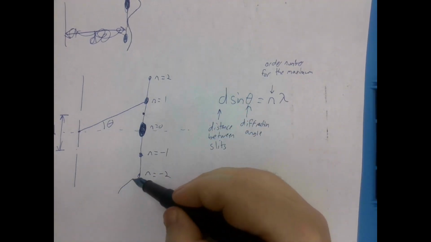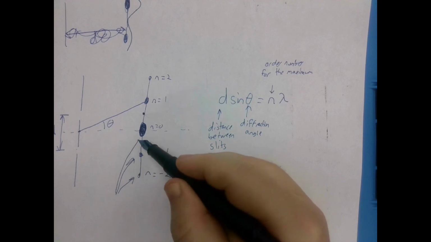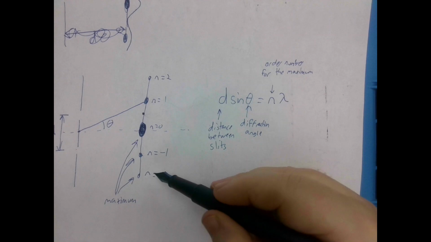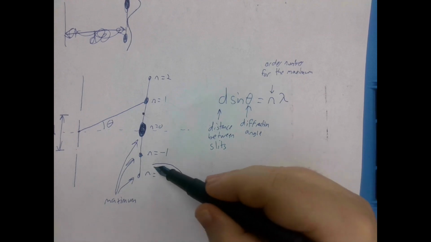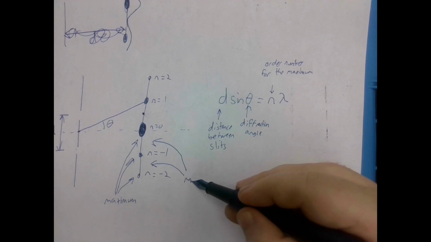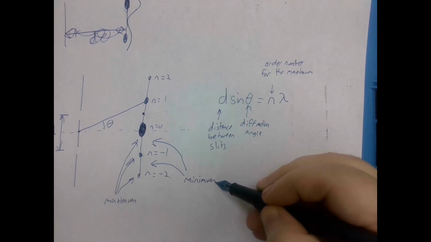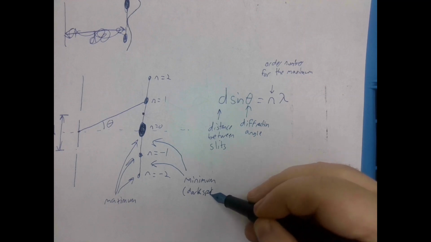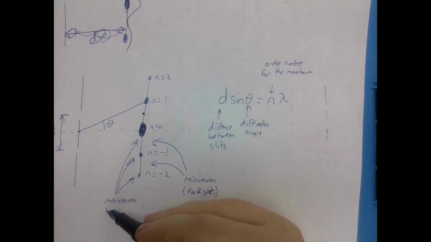So these things are called maximums, while these dark patches are called minimums. So minimum dark spots. Maximums are bright spots.